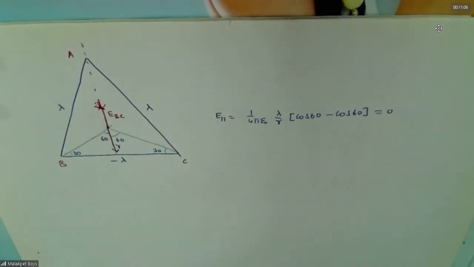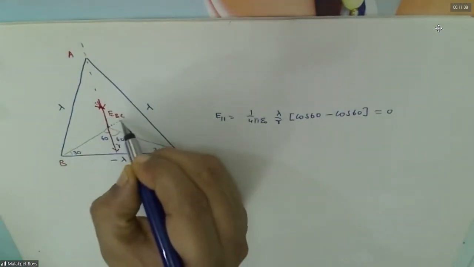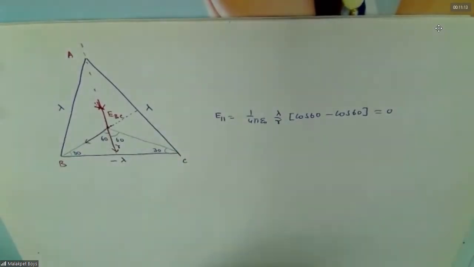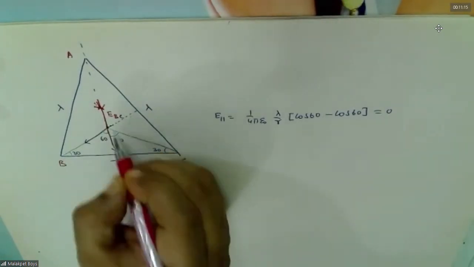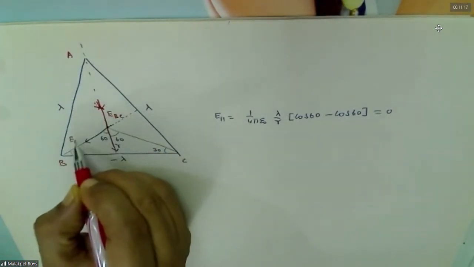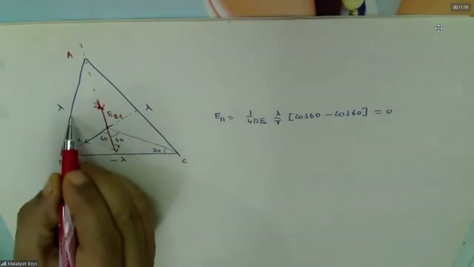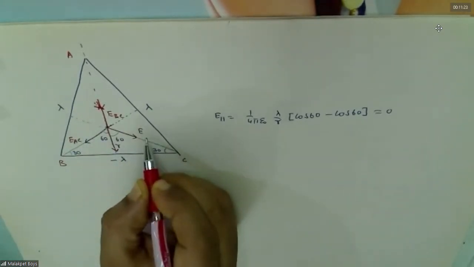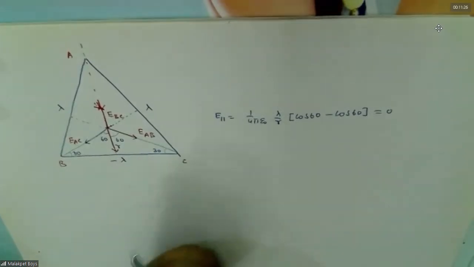Now come back to this. This will be away, no? For this, it is positive. This is EAC. Similarly, what will be this? EAB. Understood this?